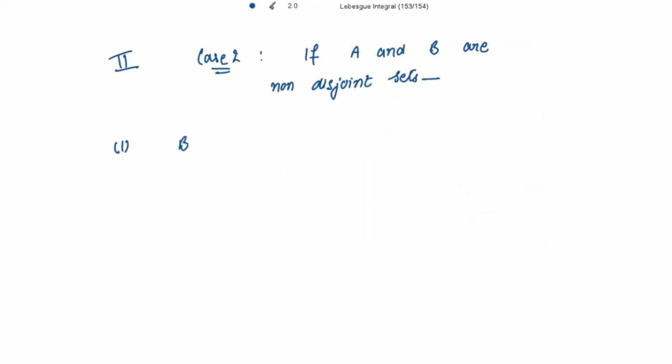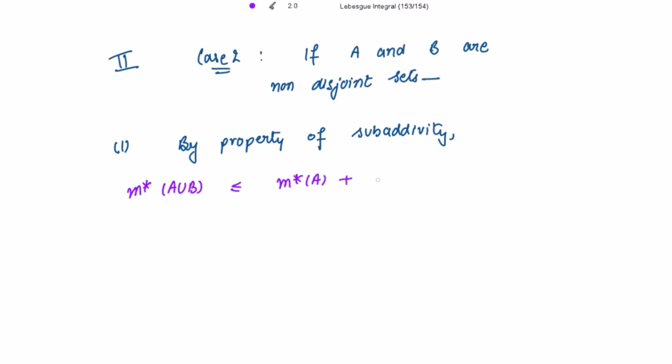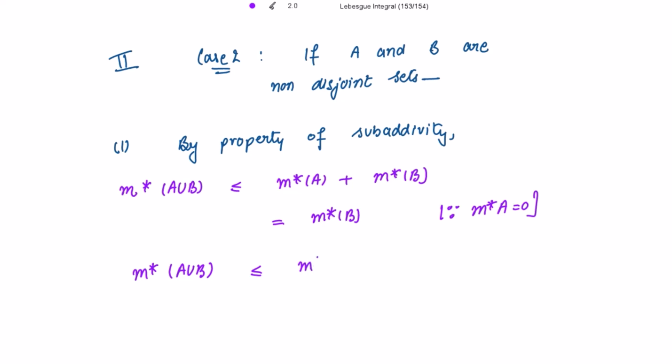By the property of subadditivity, we know that the measure of A union B is less than or equal to the measure of A plus the measure of B. Measure A equal to 0 is given to us, so the right hand side is further equal to measure B. So we are getting the measure of their union to be less than or equal to the measure of B by using the property of subadditivity.